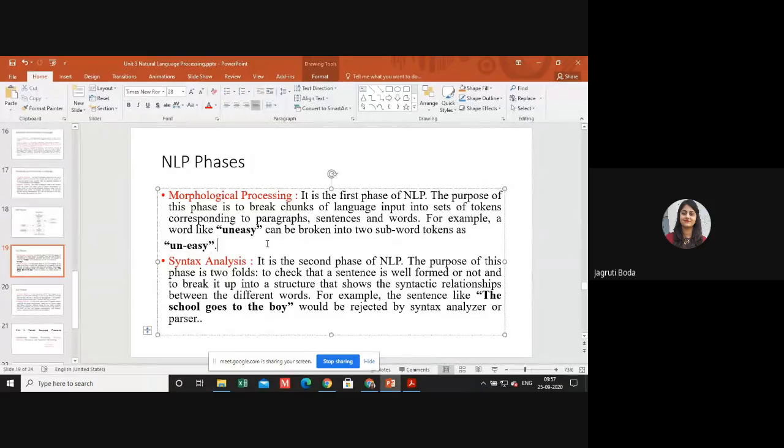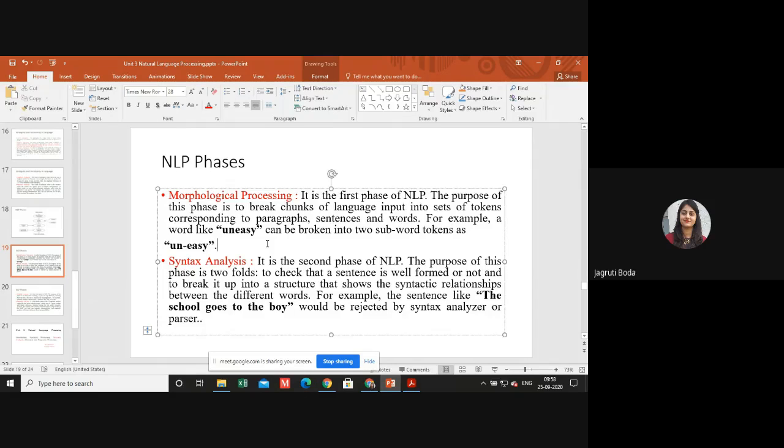Okay, now syntax analysis. It is the second phase of NLP. The purpose of this phase is twofold: to check whether a sentence is well formed or not, and to break it up into a structure that shows the syntactic relationship between the different words.